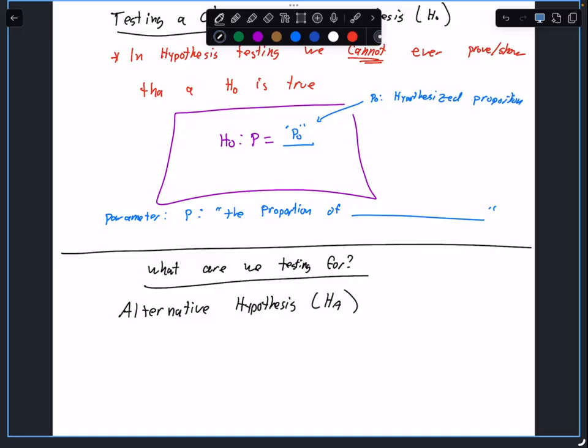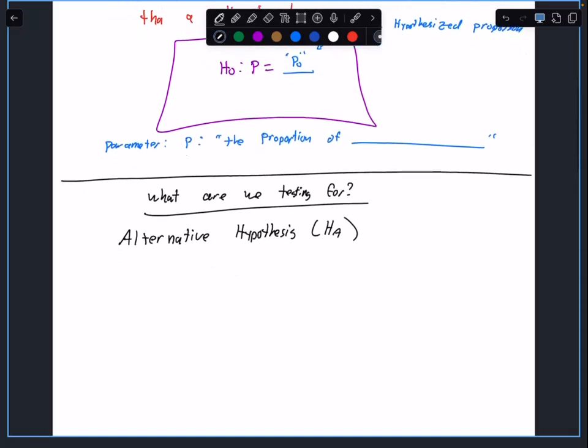Now, when you think of a hypothesis, like in science class, most of the time what you're thinking about is the alternative hypothesis. What is it that you're trying to show? I'm trying to show that if I put an extra force, the roller coaster will go faster. That's called the alternative hypothesis.